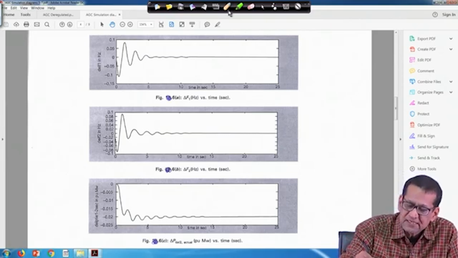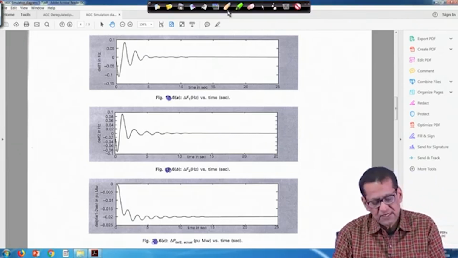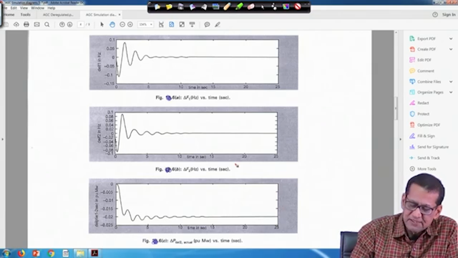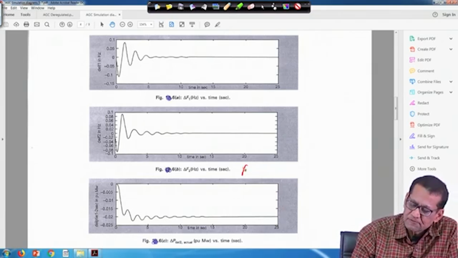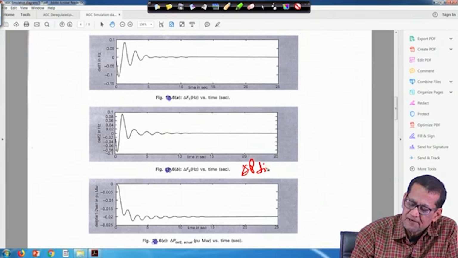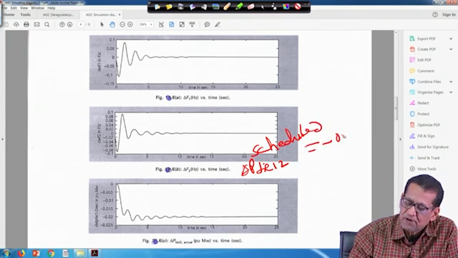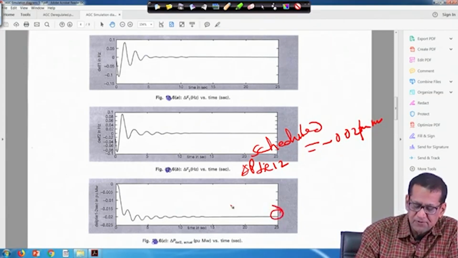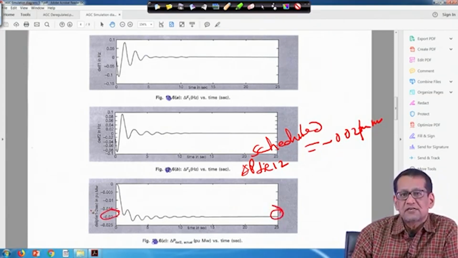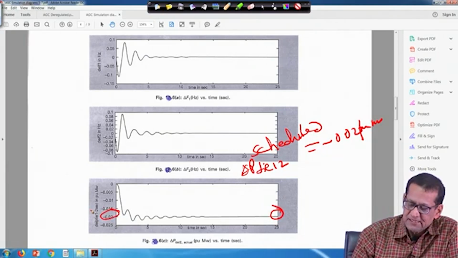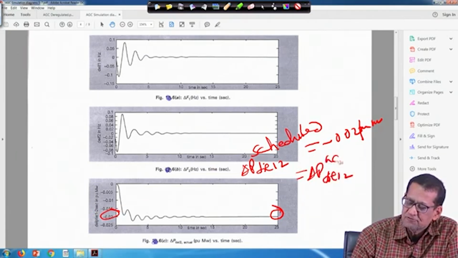Look at delta P tie 1 2, the scheduled value we computed was minus 0.02 per unit megawatt, and you are getting minus 0.02 per unit megawatt, which is that actual value, right.